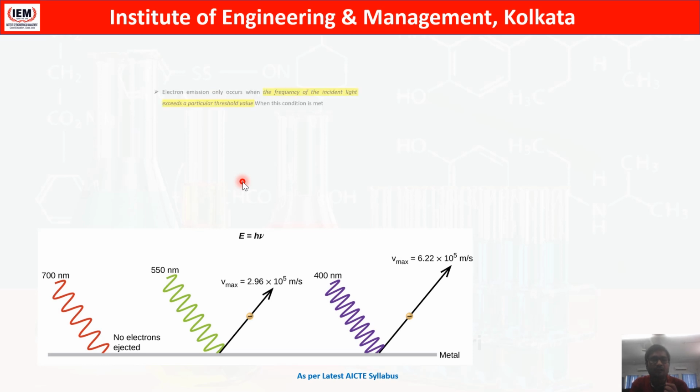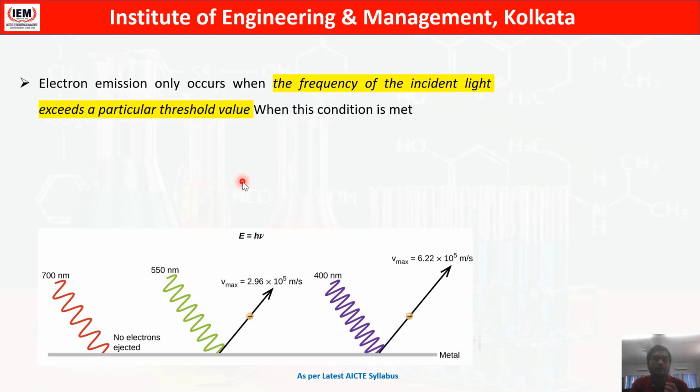Einstein also showed that electron emission from the surface is only possible when the frequency of the incident light exceeds a particular threshold value. For example, if you hit a particular metal surface with 700 nanometer light, let's say no electron is ejected. But if you hit this surface with 550 nanometer light, electrons are ejected.